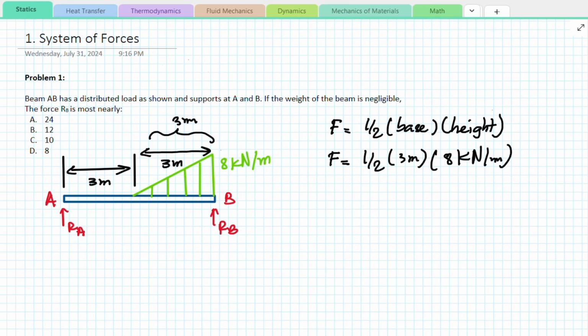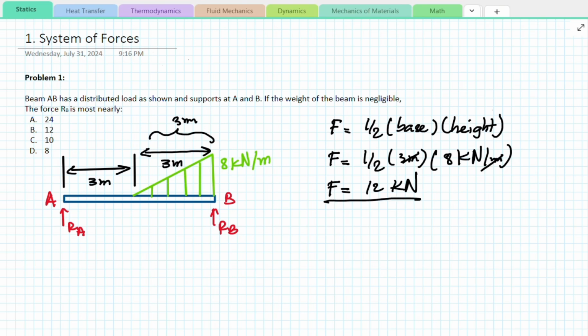It's always important to include the units to see how they cancel out, because sometimes they'll try to trick us with questions where the units do not match, and if you jump into solving the question quickly, you may not pay attention to that and end up finding an incorrect answer. So we plug these numbers in the calculator. The force comes out to be 12 kilonewton. As we can see, the meters cancel out.